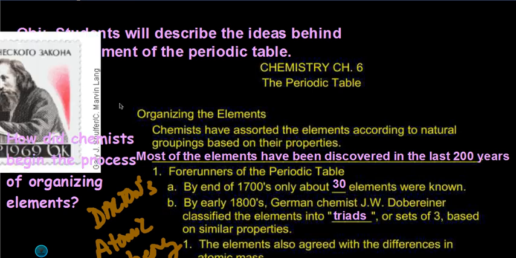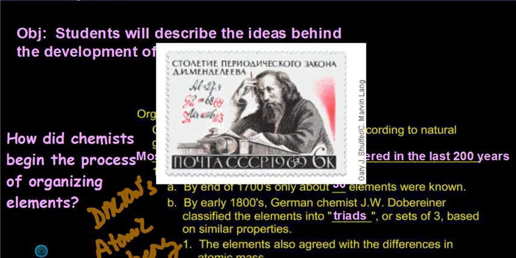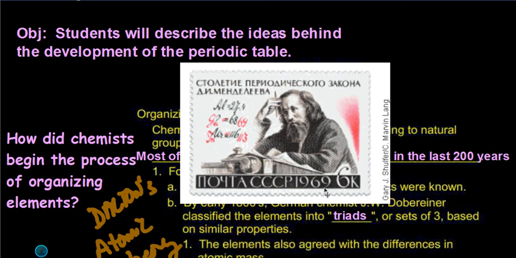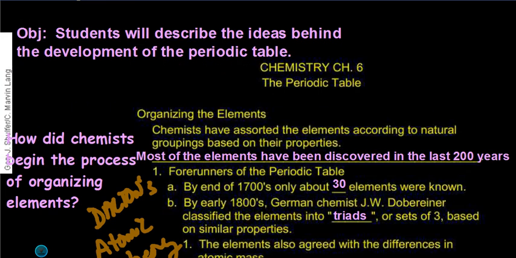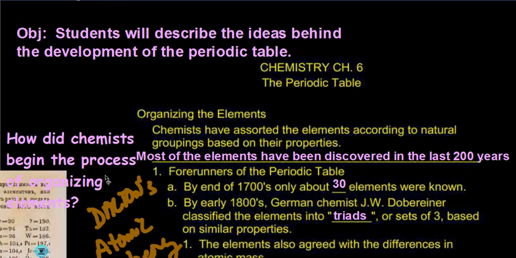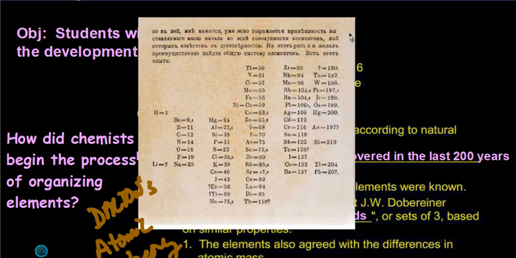Well, here he is. This is the man, Mendeleev. He's on a postage stamp, which is, of course, the proper way to commemorate anybody who makes a significant achievement to the history of science. You put him on a postage stamp. And here is his periodic table.